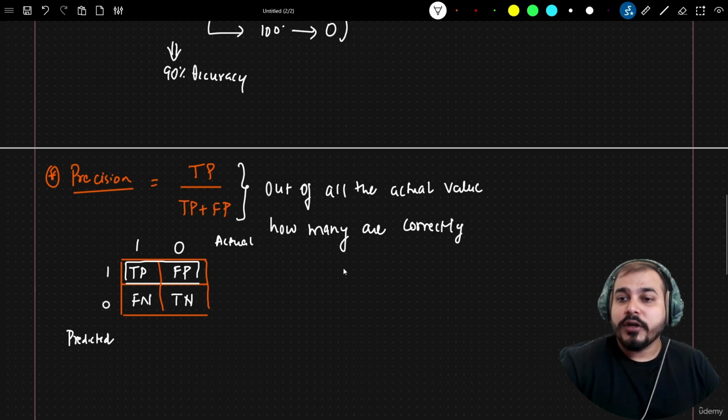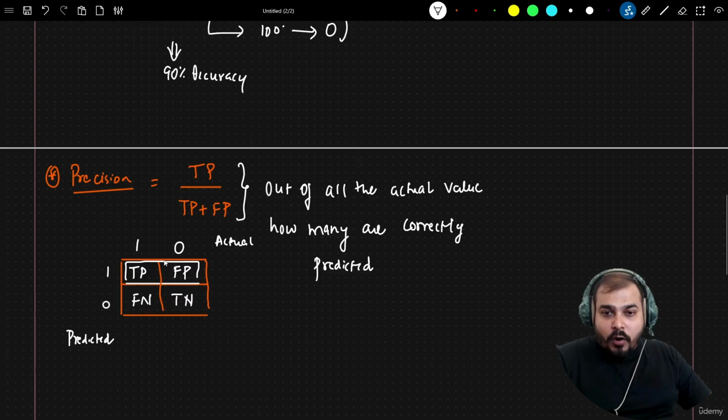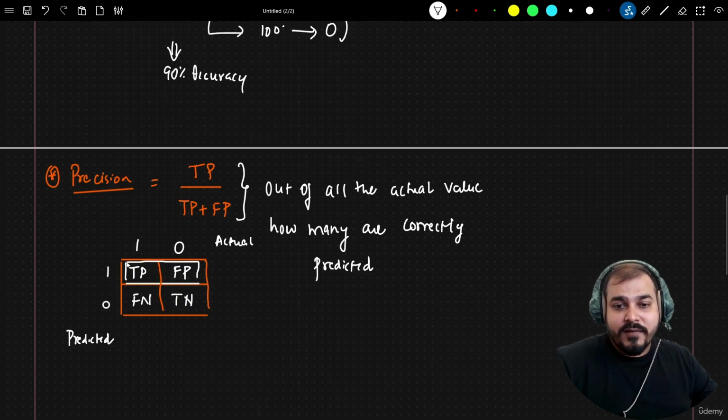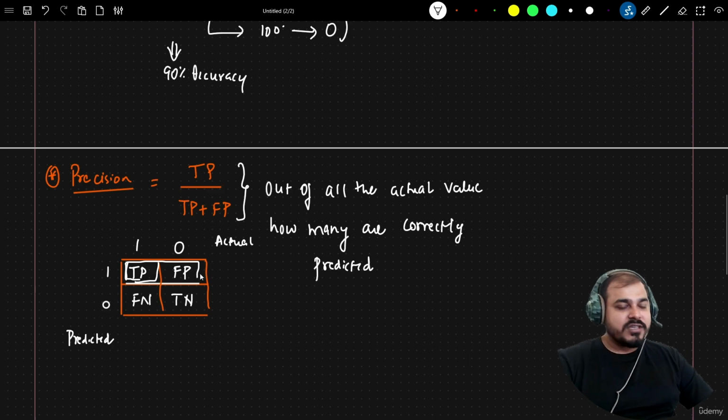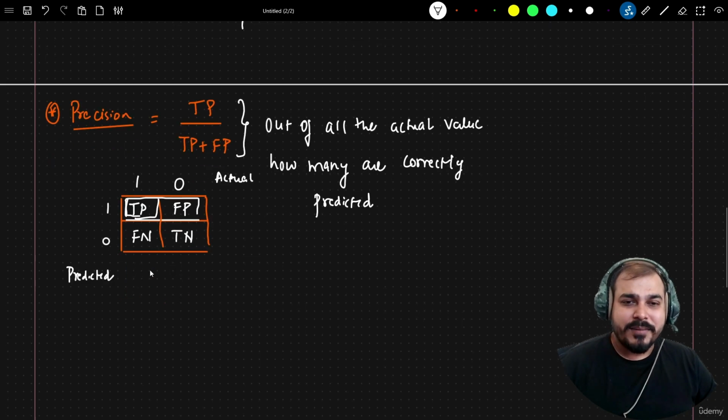That is what we are going to find out with the help of precision. Out of all the actual values or true values, we are going to find out how many of them are correctly predicted. That is the reason why we are dividing true positive by true positive plus false positive. This is the example, and I'll talk about more examples as we go ahead.